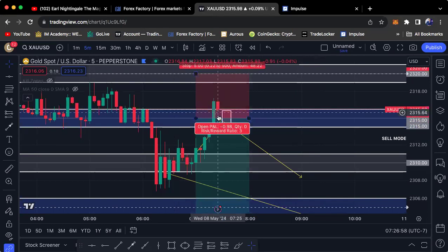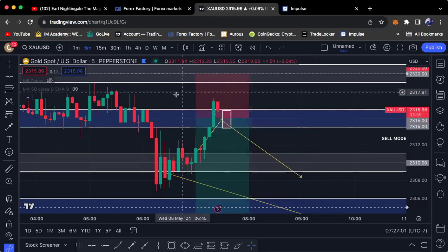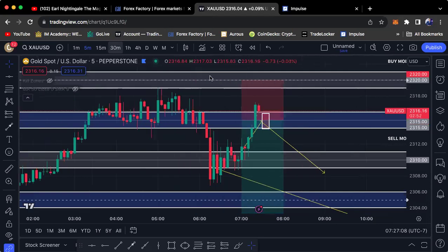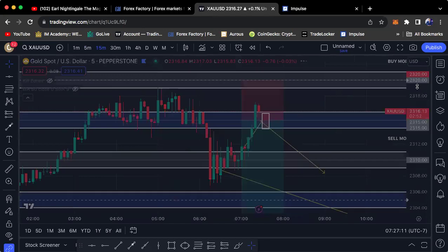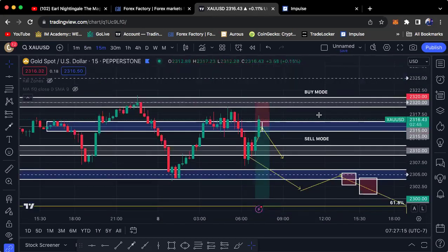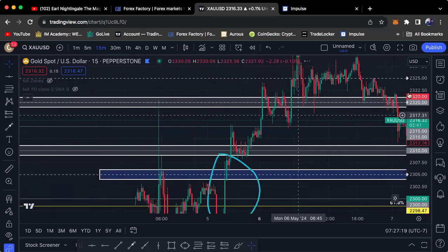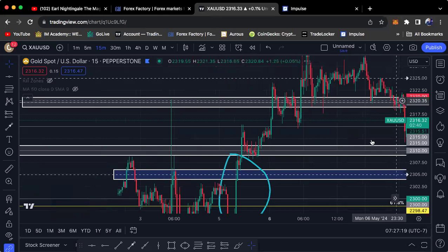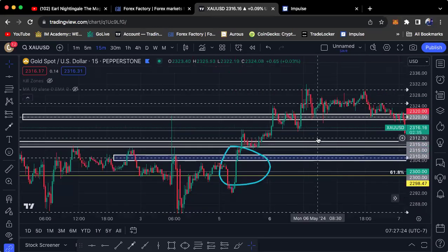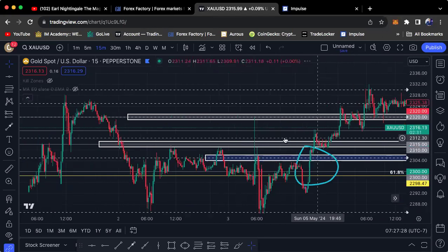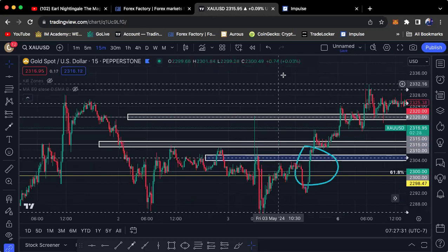Because this could be a three inside candle. Because this is what happened to me last week. Look, I'm gonna show you guys what happened last week. Oh yeah, I might have erased it. Let me see if I can find it here.